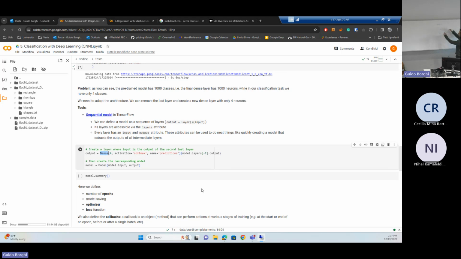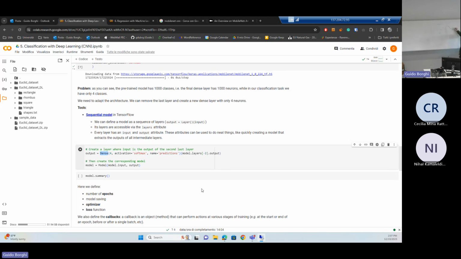We have downloaded the weights for all the network. Now, what we are going to do: we have defined a final fully connected layer with only 4 neurons, 1, 2, 3, 4, with the softmax activation function and so on. And then we are going to connect this layer, not with that, but with our network.